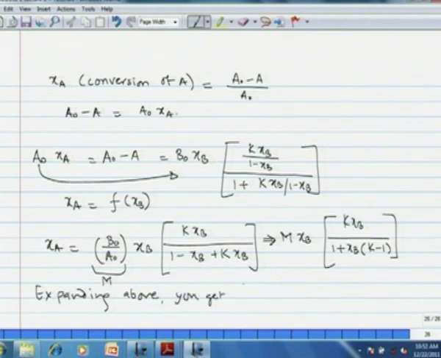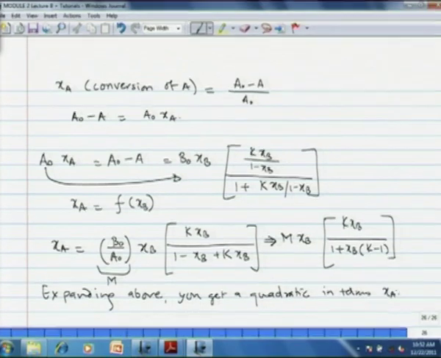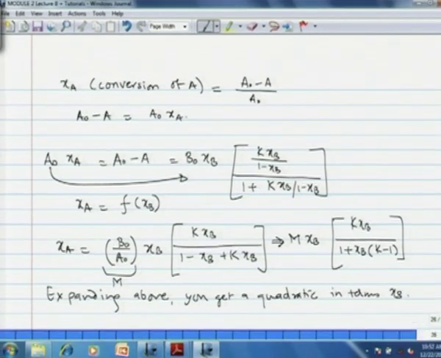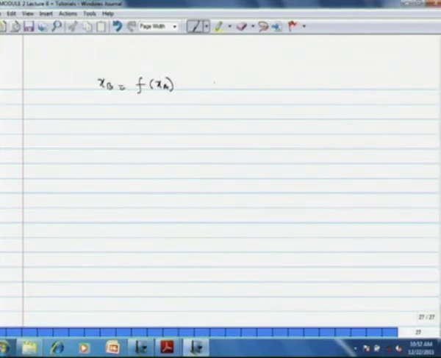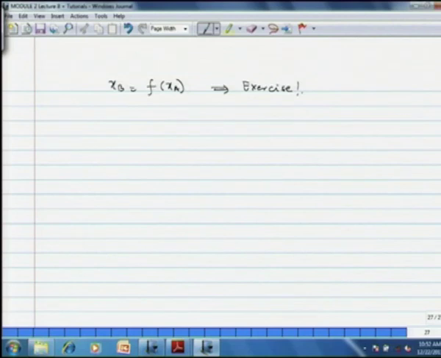And now, if you expand this, you get a quadratic in terms of XB, which if you solve will give you an explicit expression for XB as function of XA. This I leave as exercise. It is simple.